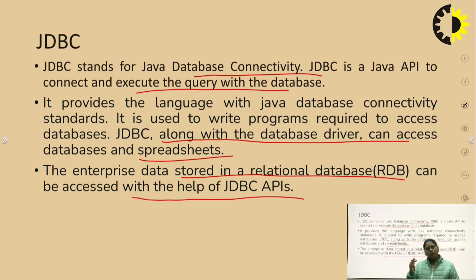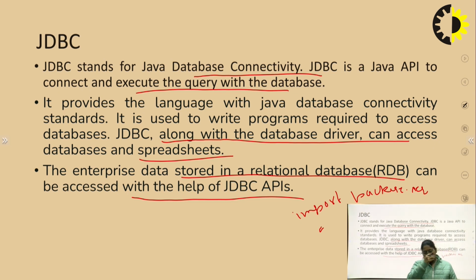If we have to write the program and we want to connect Java with the database, first of all we have to import the package java.sql, that is import the SQL package. It means that we need to access the database.